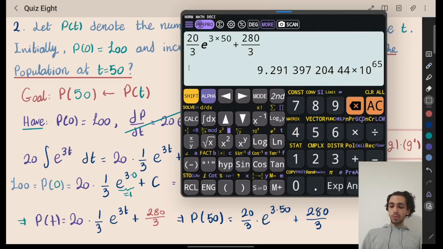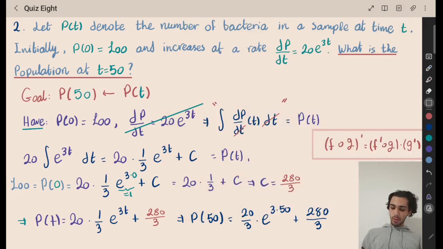Okay, but then this is not too difficult, because now I can summon the answer. It's 9.291 times 10 to 65. So that is approximately 9.291, that's 9.3 times 10 to 65. That's a very big number.